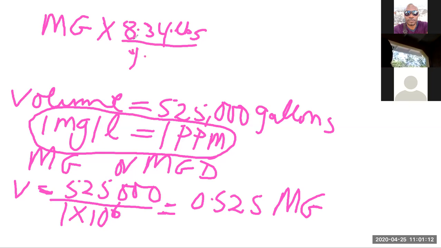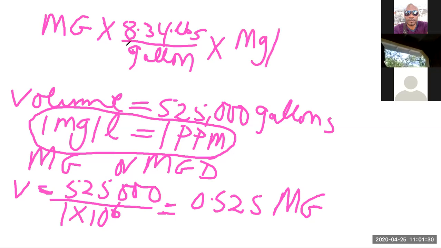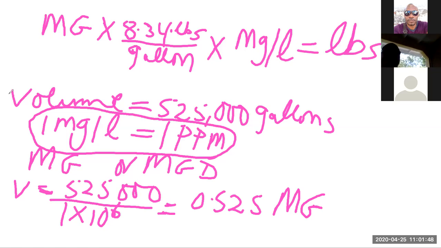That's the weight of a gallon of water. Multiplied by the dosage, and I'm going to put it down as milligrams per liter. Per liter is also ppm. I want you to remember that too. That will always give you how many pounds of chlorine you need. All right?